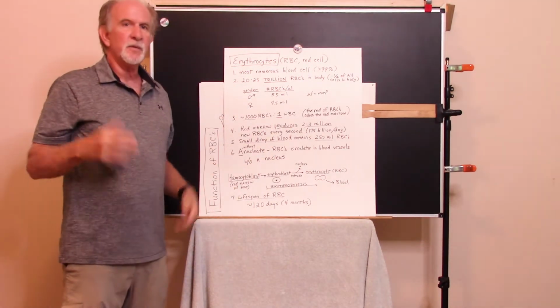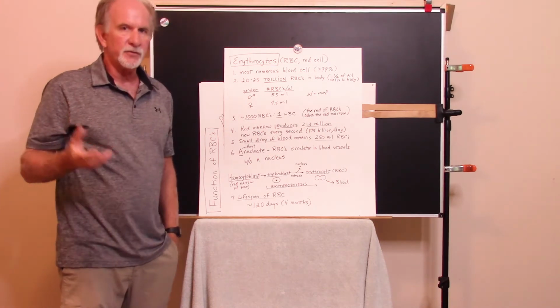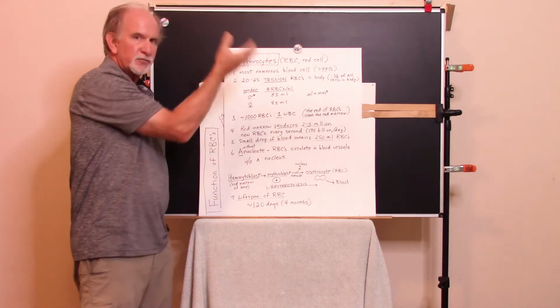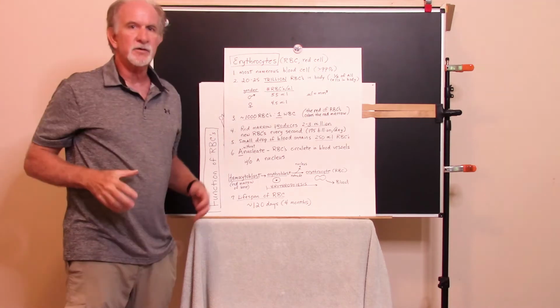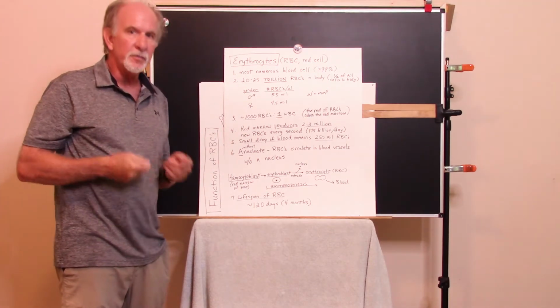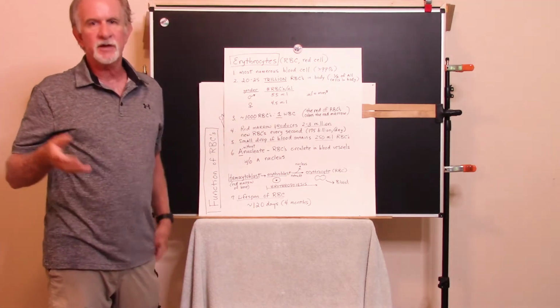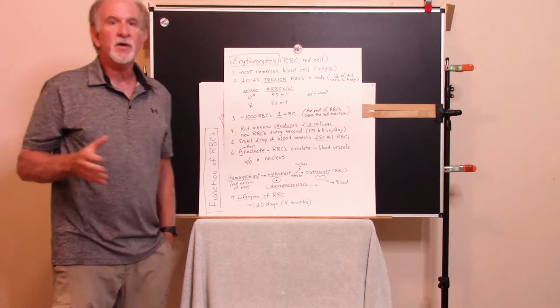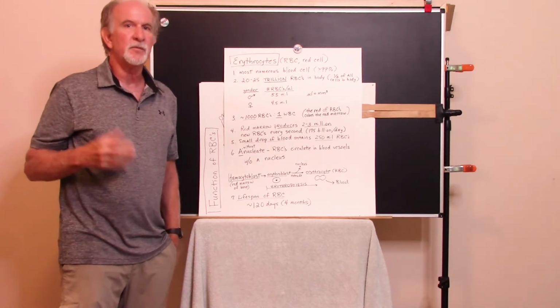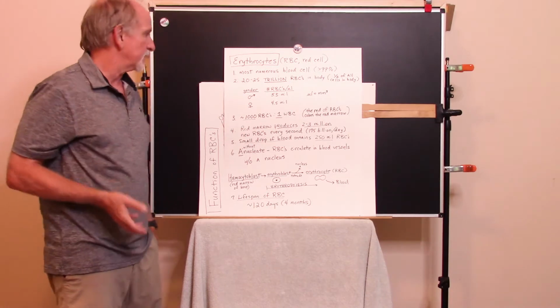So, just a little bit more about the erythrocytes. Erythro means red, and the erythrocytes are your red blood cells, RBCs, often just referred to as a red cell. Any reference to a red cell in the body would be a reference to the red blood cells.